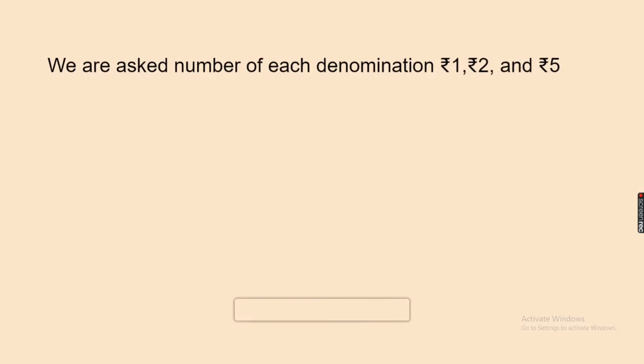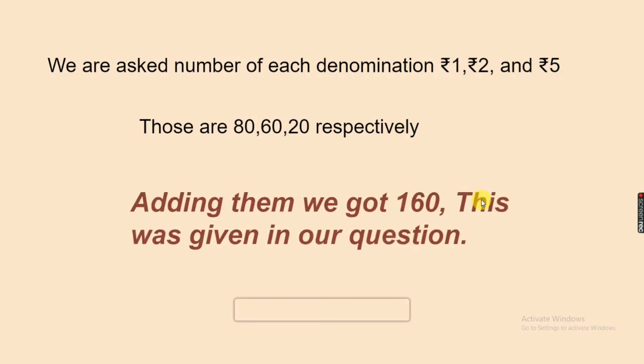If we are asked the number of each denomination, 1, 2 and 5, their number is 80, 60 and 20. We had 1 rupee coins, how many? 80. We had 2 rupees coins, but how many? 60. We have 20 five-rupee coins. So this was all.